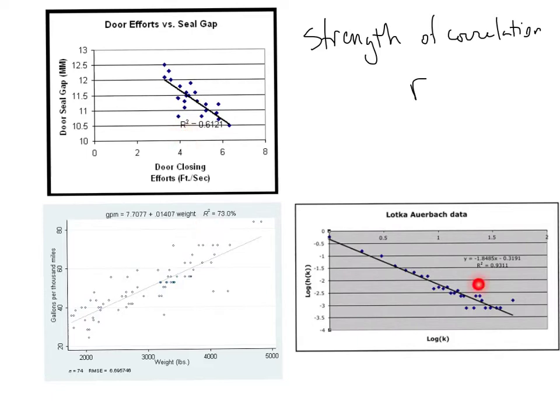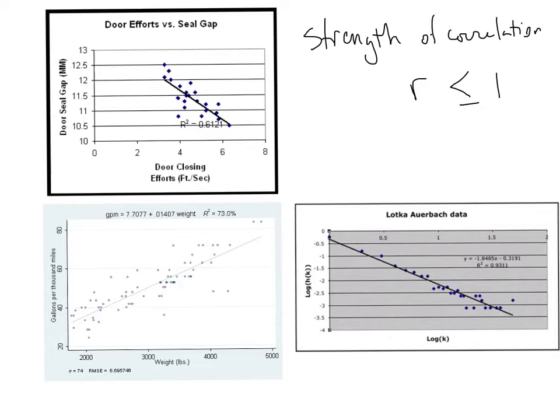That's simply to account for positive and negative, but the r squared is a measure of the strength of correlation. The stronger these points are correlated, meaning the closer the grouping of the points, the closer it is to 1. So r has to be less than or equal to 1.